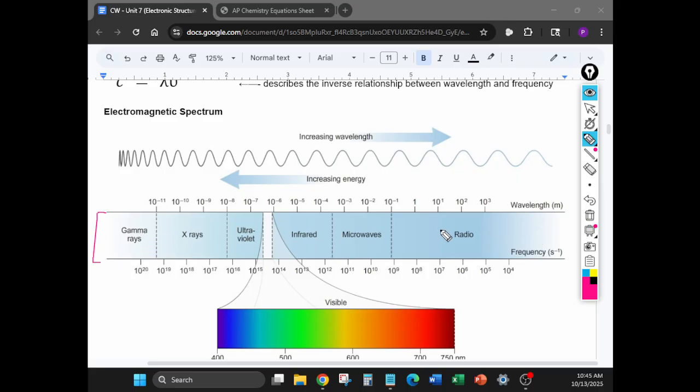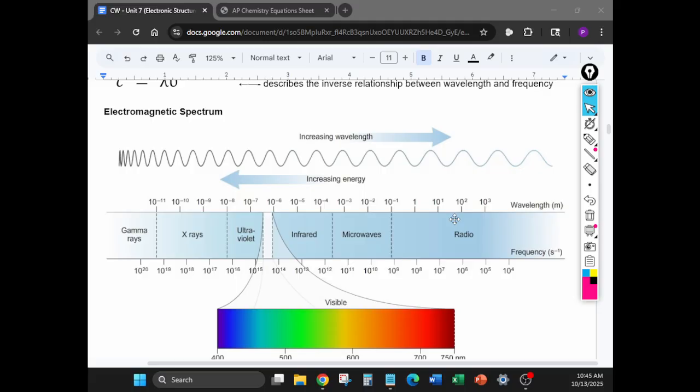So this side right here is radio waves, microwaves, infrared, and then between infrared and ultraviolet, there's this very small section that we can see with our eyes, and this is visible light. And then we go to ultraviolet, X-rays, and gamma rays.